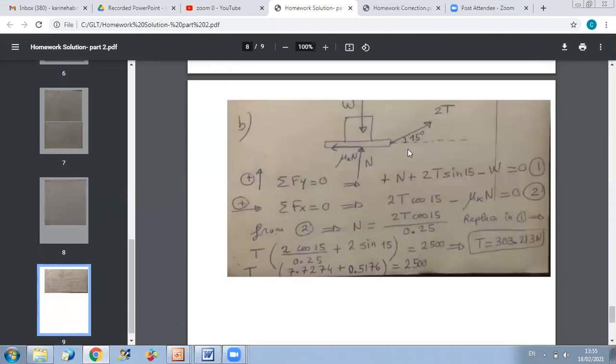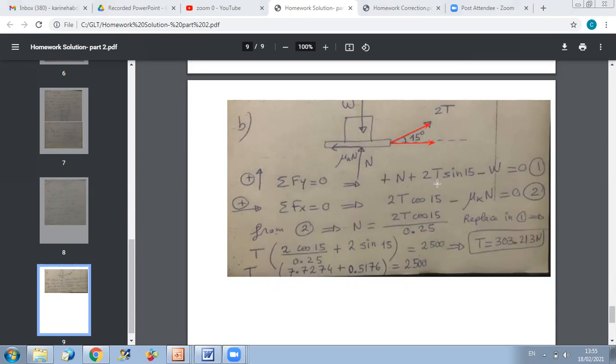This is the new free body diagram. What is different in this part is that we no longer have the cables parallel to the floor. They are making a certain angle with the floor. So in this case, the tension will have two components, one along X, one along Y. So we will end up with a system of two equations with two unknowns.